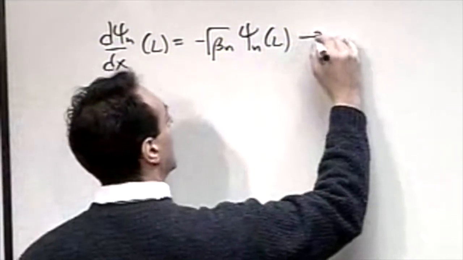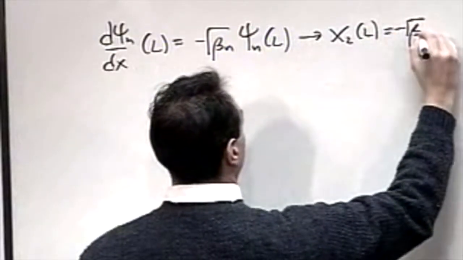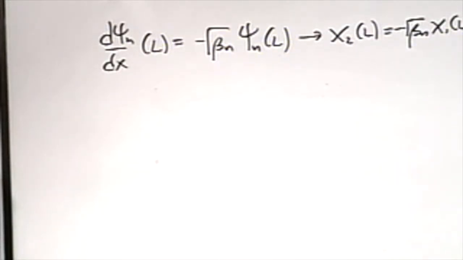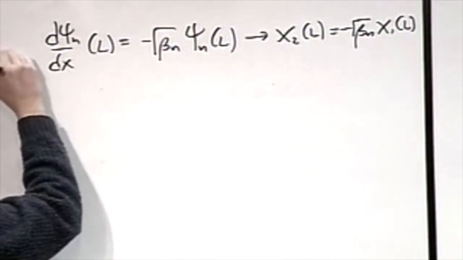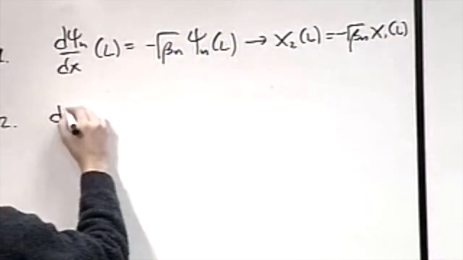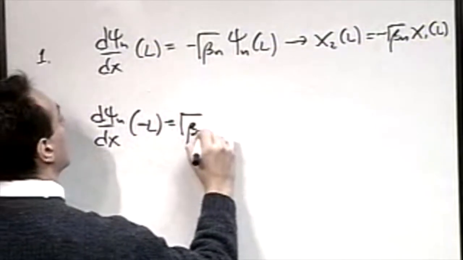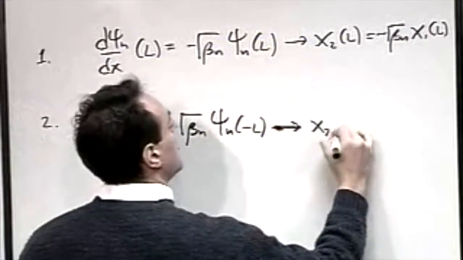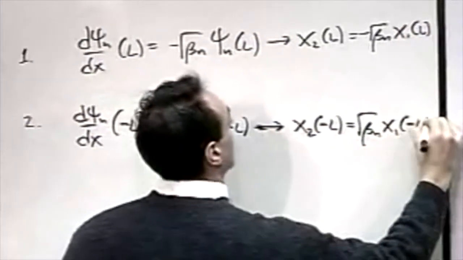This becomes x2 at L is equal to minus square root beta n x1 at L. Remember, we have to make the transformation of the solution and the boundaries. And then the second one is d psi n dx at negative L is equal to square root beta of n, which gives you x2 at negative L is equal to square root beta n x1 at negative L.